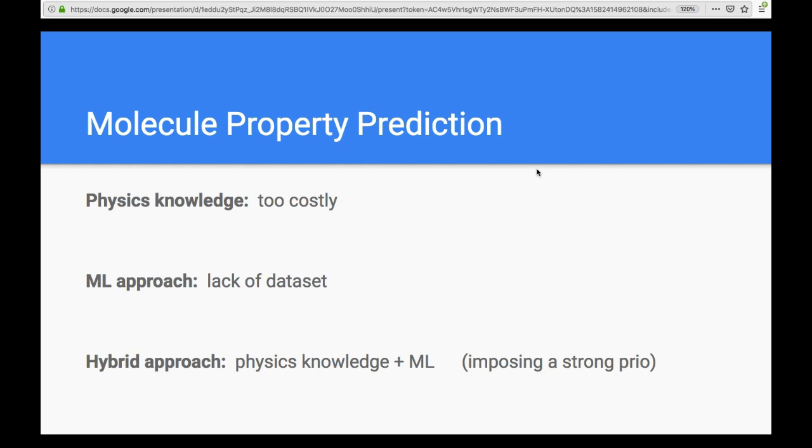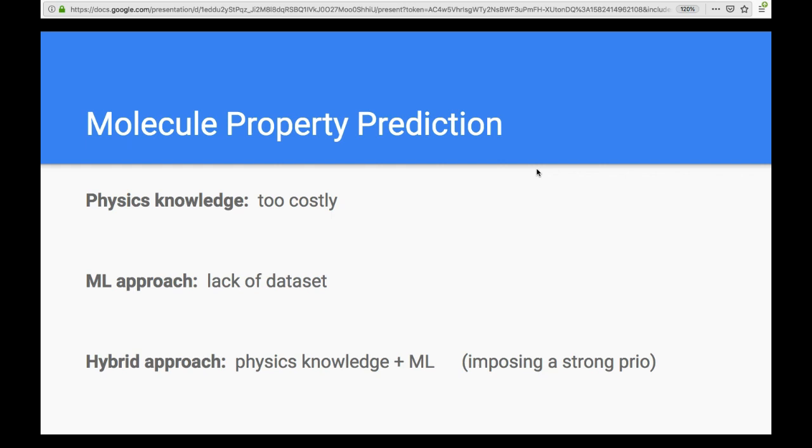And sometimes when you have more and more atoms in the molecule, the computation just grows exponentially. So that's the main reason this way is not perfect.